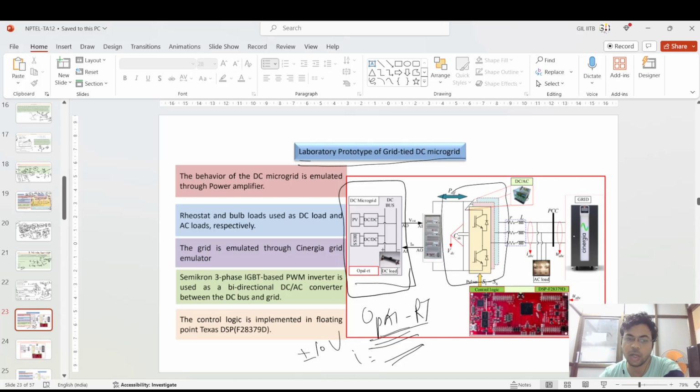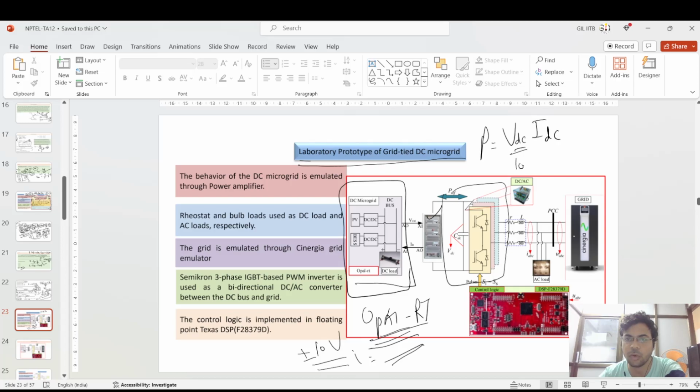So for connecting to the actual real-world system, you need a power amplifier in between. Why the power amplifier? Power amplifier is used for voltage and power increment.